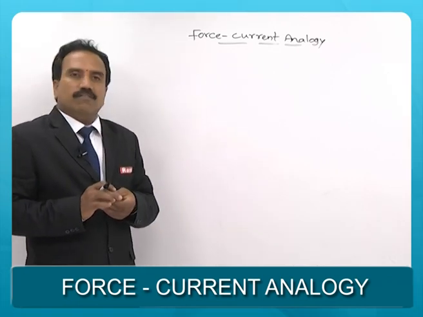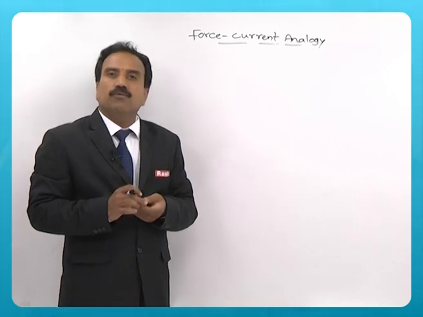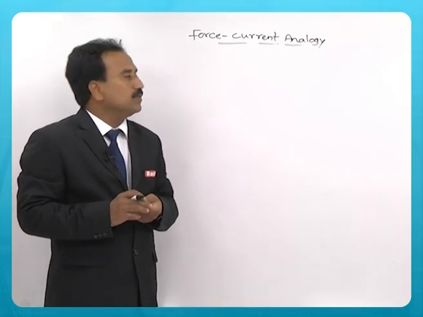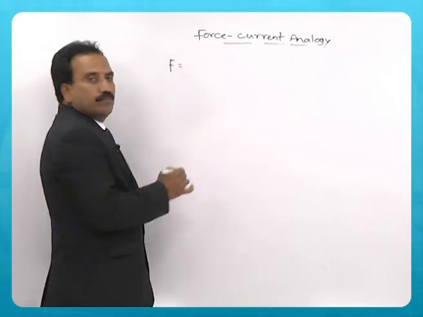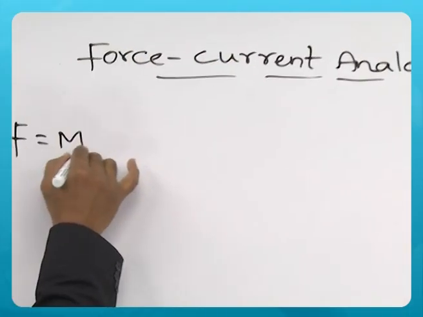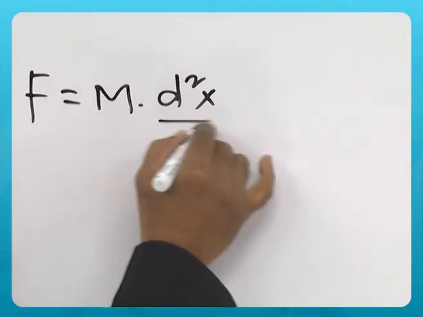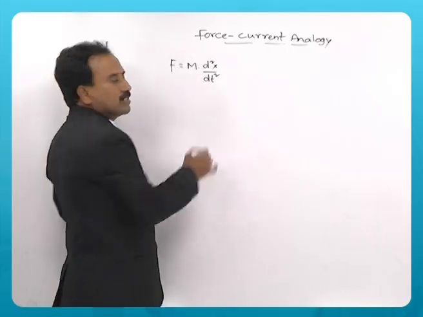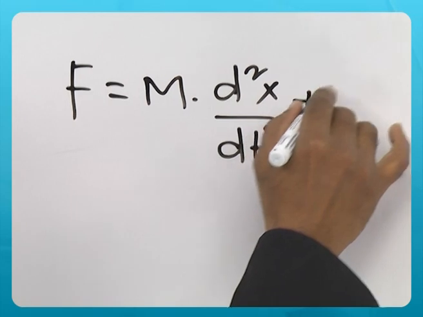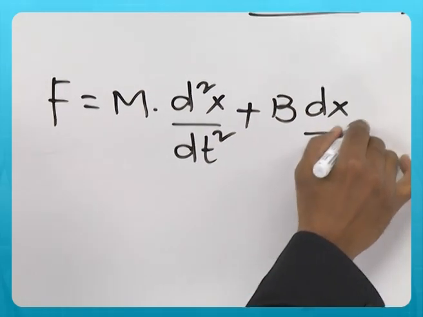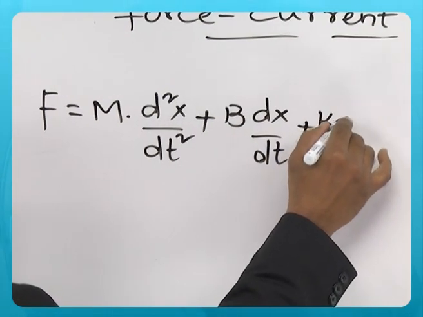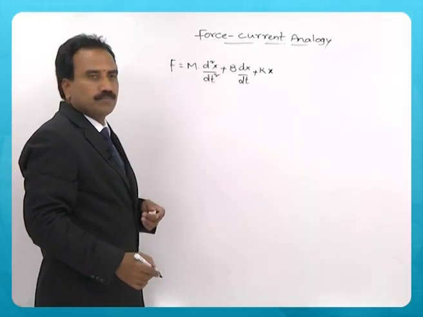Another analogy is developed for our convenience, force current analogy. So, the force equation in a mechanical system, you are already familiar with this: acceleration term, velocity term and displacement term.